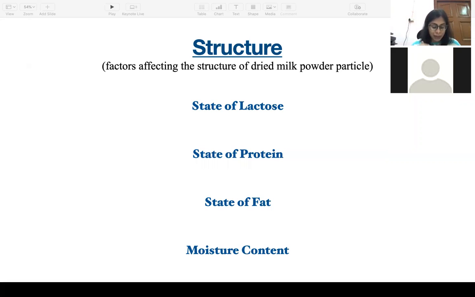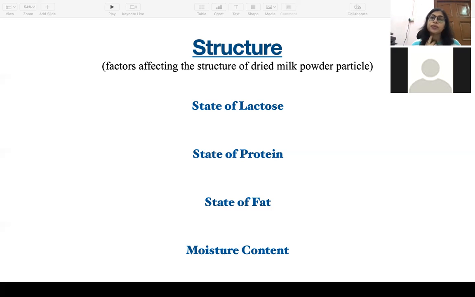In skim milk powder, we keep it at the level of 3 to 4%, and for whole milk powder, we keep it at 2 to 3%. Now, why do we keep it 2 to 3% in case of whole milk powder and 3 to 4% in case of skim milk powder? Give me a reason. Why do we do it?